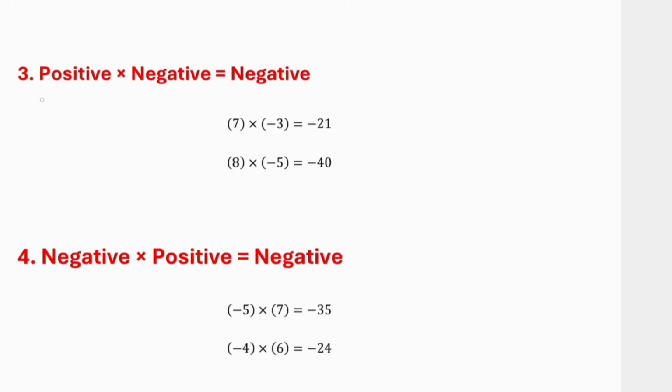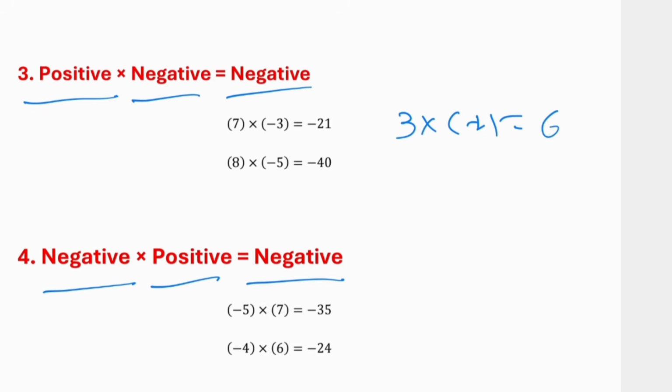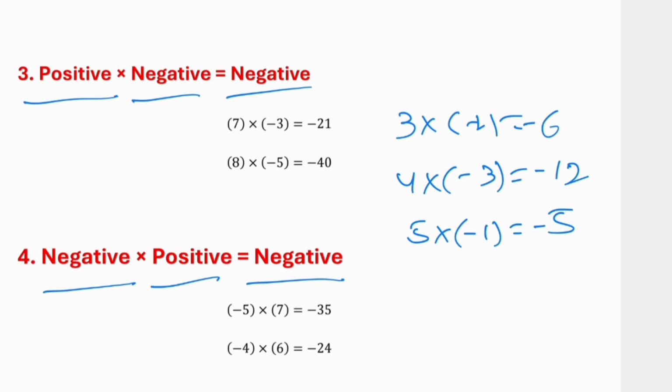And the third one is positive into negative is equal to negative number. Or negative into positive is equal to, also we get a negative number. For example, 3 into minus 2 is equal to minus 6. 4 into minus 3 is equal to minus 12. 5 into minus 1 is equal to minus 5.